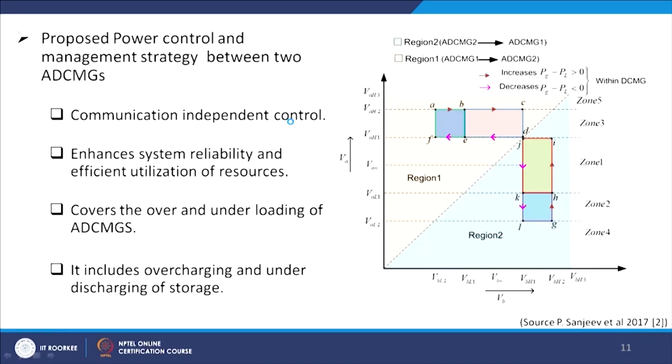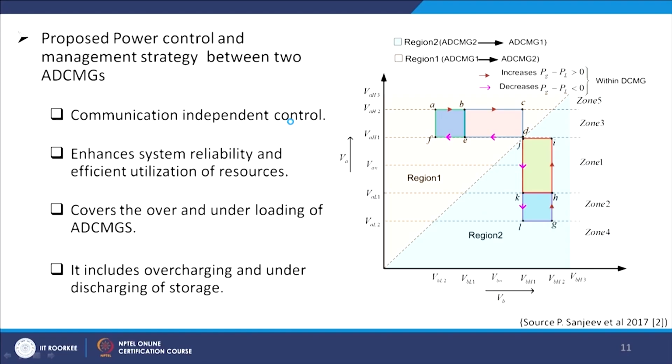Now, this is the proposed power control management strategy between autonomous DC microgrids. We proposed communication independent control. It enhances the system reliability and efficient utilization of resources, and covers the over and underloading of autonomous DC microgrids.